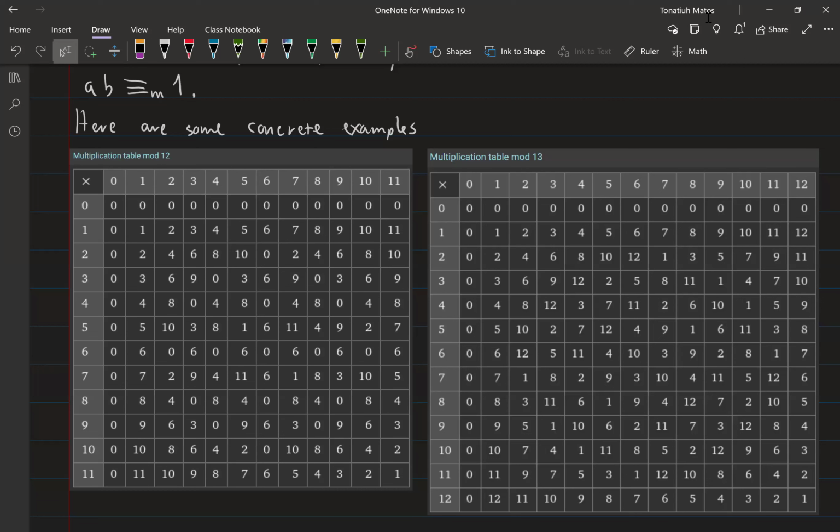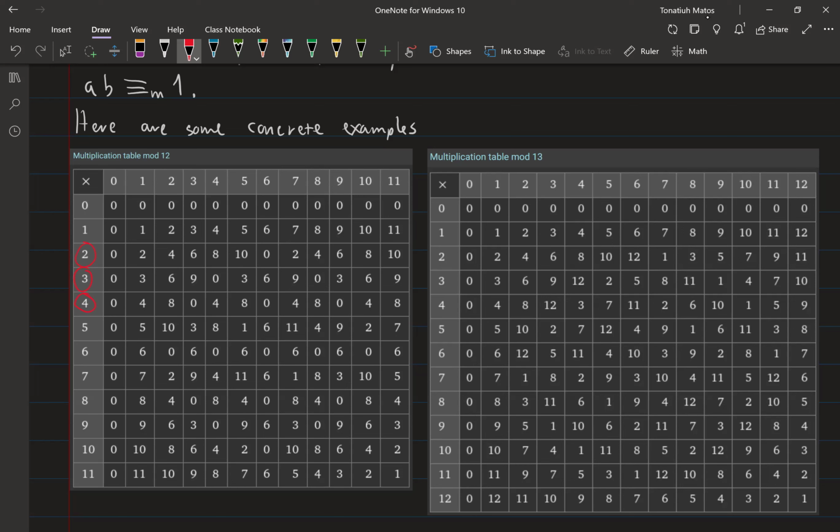And you can easily verify this. You already know in general how to find the elements that are invertible, mod m. It's those that are coprime with m, in other words, those that share no common divisor. And this is an if and only if condition. As you can see here on the left side, if you check all the divisors of 12, there will never be a number 1 on those rows, right?